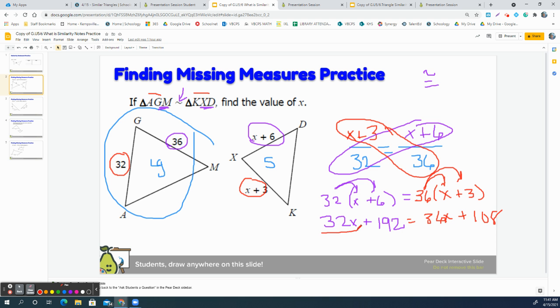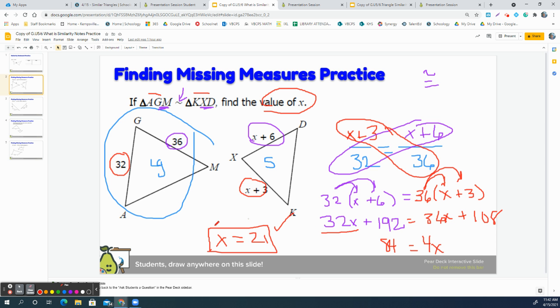I always subtract my smaller variables first. So 36 minus 32 is 4. And then 192 minus 108 is, what is it? I need help. 84, thank you. My brain is exhausted. So then we divide and we get x equals 21. It's asking us for x, so we know we're done.